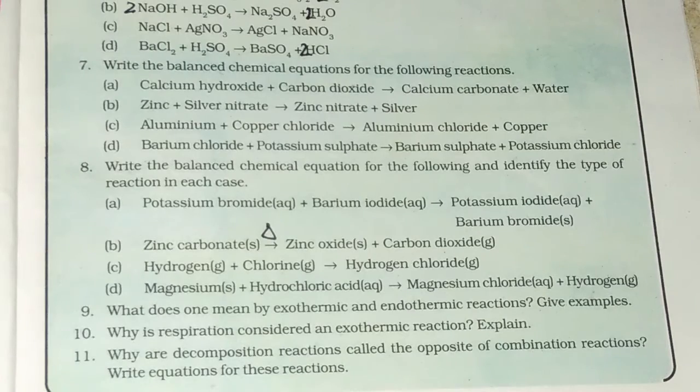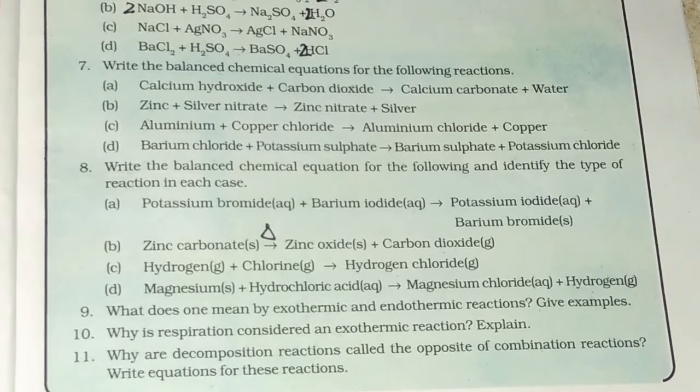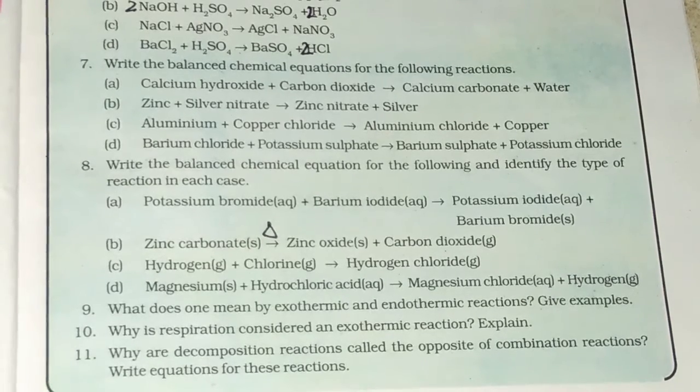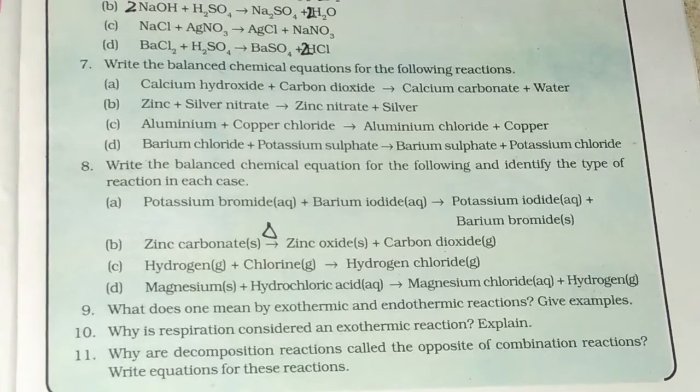And we can also write quicklime reacting with water to form slaked lime. All these equations you have learnt already. You can write all those equations as examples for decomposition reactions and also combination reactions. But one thing is, you have to explain why you are calling these two opposite of each other. Okay?